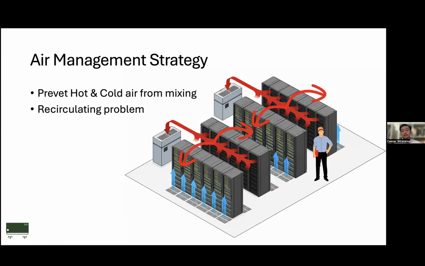It is basically just like designing an air conditioning system. And if we don't design the airflow properly, it will also cause problems like recirculation. If you have hot air here and it recirculates back to this aisle and mixes with the cold air, it will make the air hot before it even touches the racks, which is not good for performance.